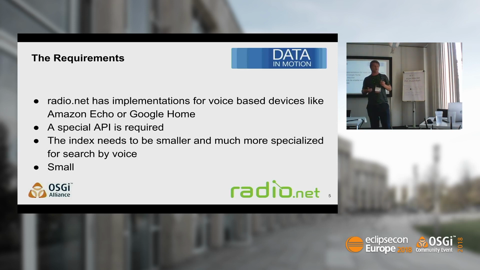So you go more like, okay, play for me Radio Energy. And then you should get Radio Energy and not something which is radio or Radio Hamburg, for example. And you don't want to get any radio stations from Hamburg, but this specific radio station, which is called Radio Hamburg. So therefore, they wanted to implement this in the old search server.